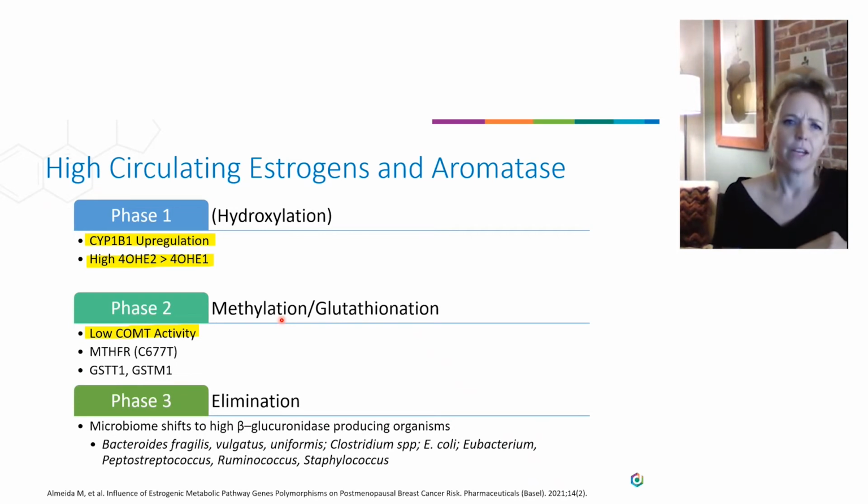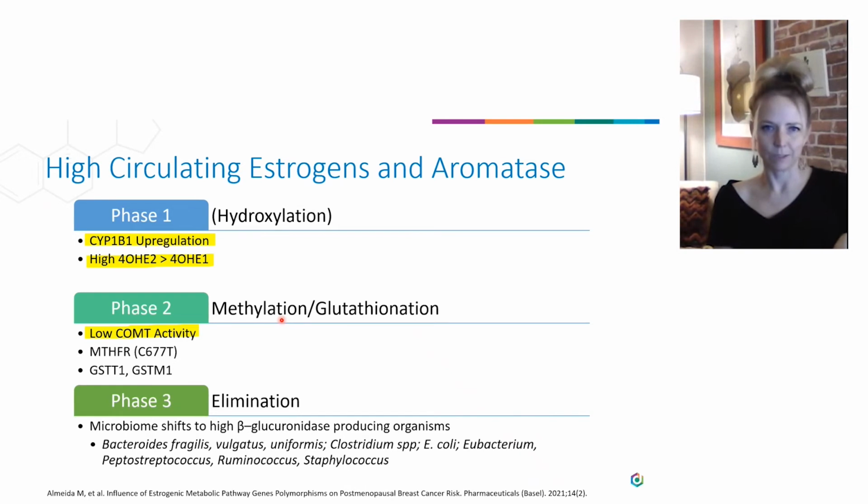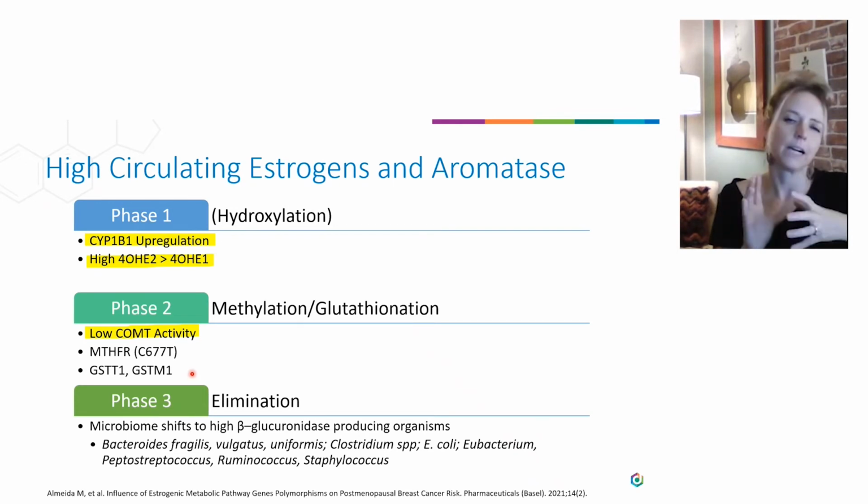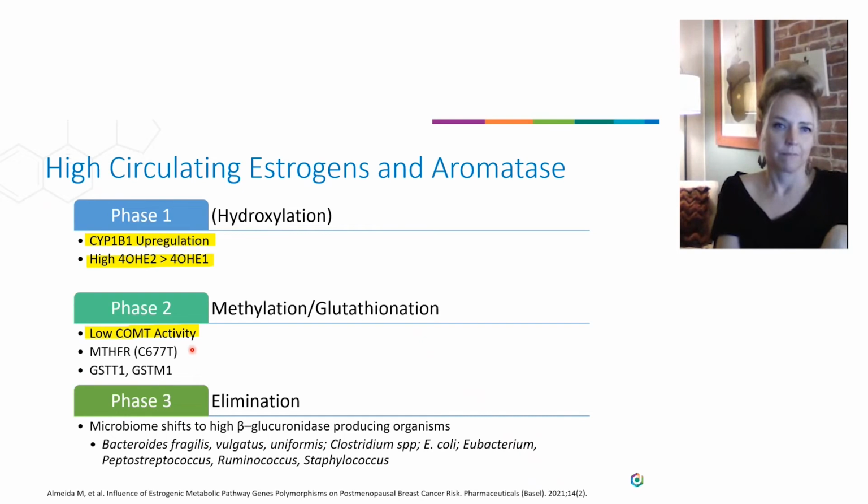I stuck glutathione here too in phase 2 because it is another way that we can neutralize our phase 1 metabolites and keep them from damaging the DNA, similar to methylation. And there are some SNPs that keep us from being able to glutathionate properly, just like SNPs that may make it difficult for us to methylate properly.